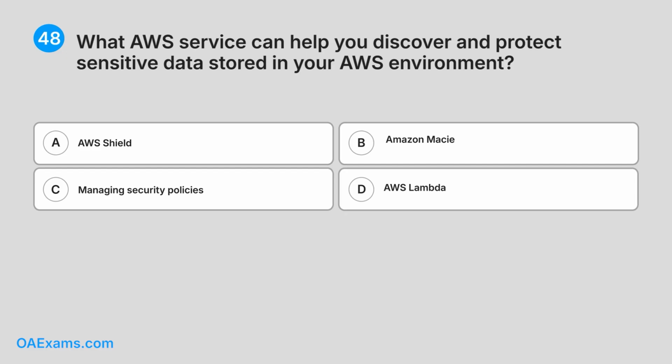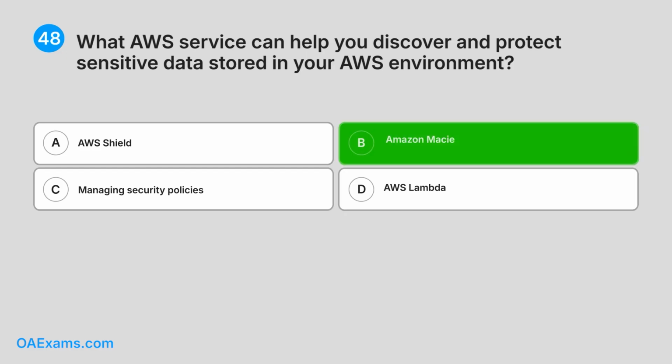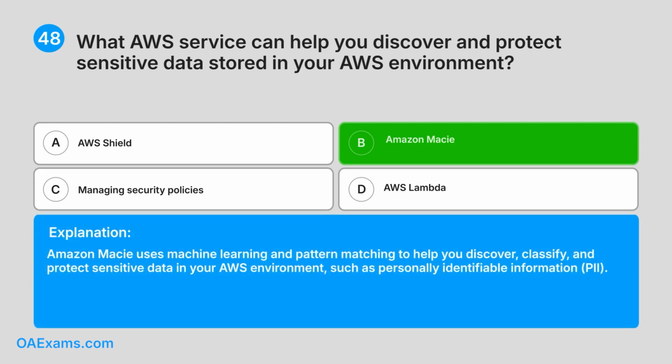Correct answer. B. Explanation: Amazon Macie uses machine learning and pattern matching to help you discover, classify, and protect sensitive data in your AWS environment, such as personally identifiable information, PII.